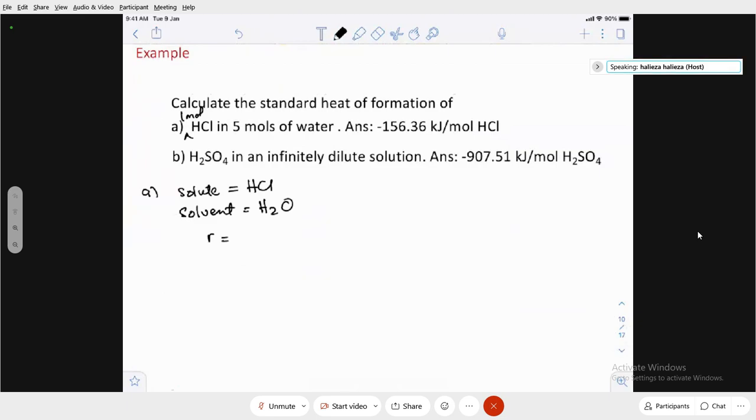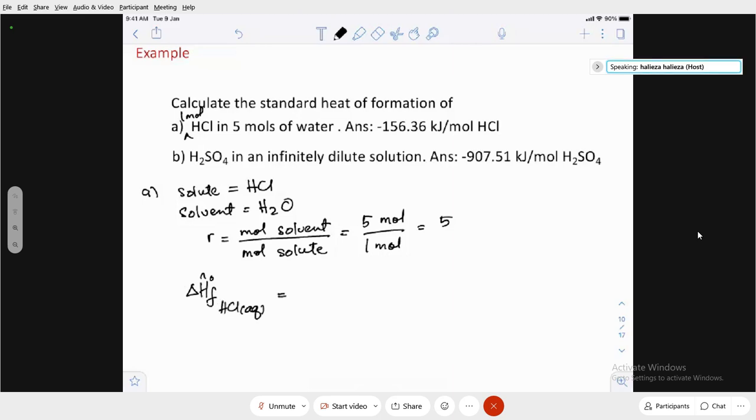So your R is moles of solvent per mole of solute. Your solvent is water, so that's 5 moles divided by 1 mole of hydrogen chloride, which is 5.